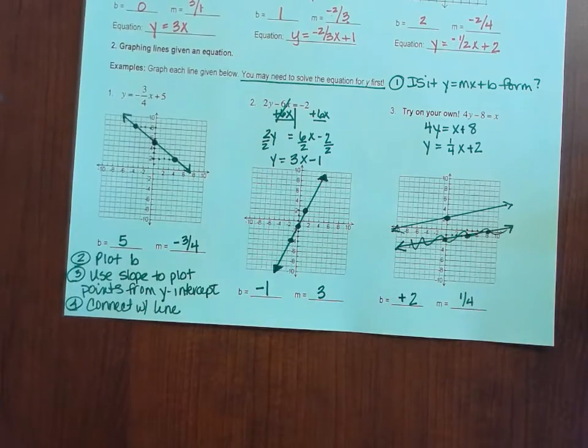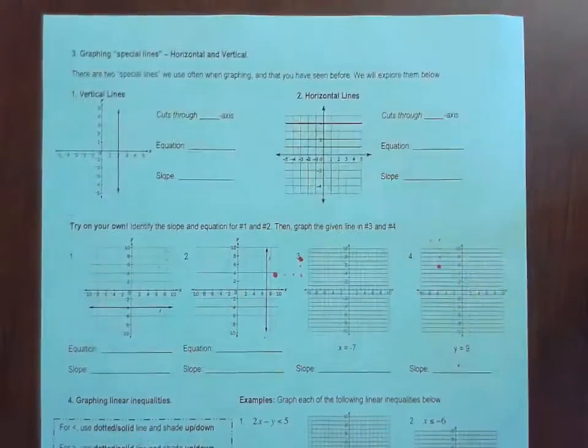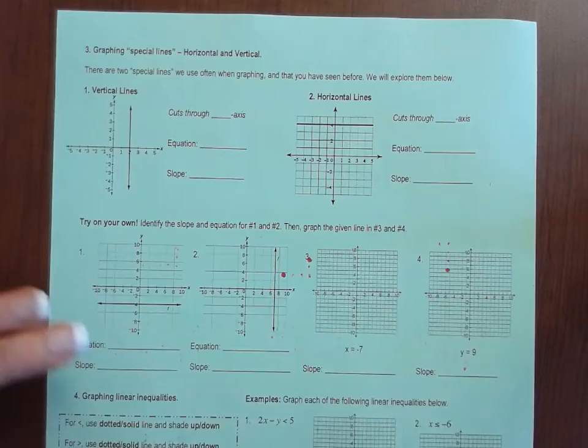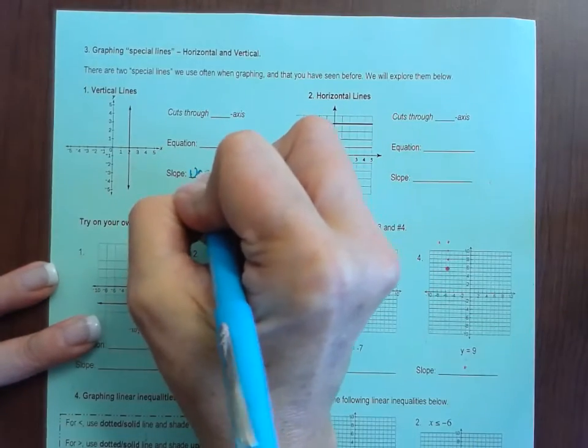Awesome. All right, then let's go over our special lines. Special lines are our vertical and horizontal. Vertical lines have what kind of slope? Anybody, go ahead. Speak it out. Undefined. Perfect.